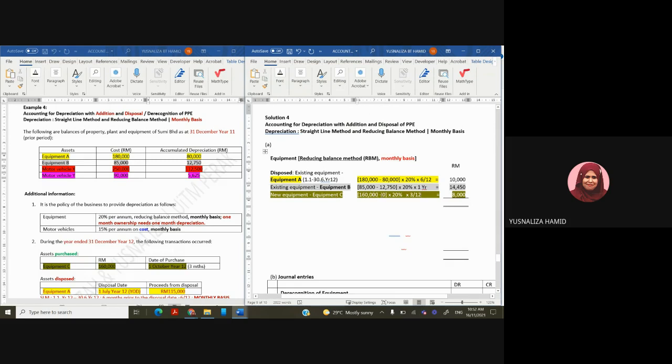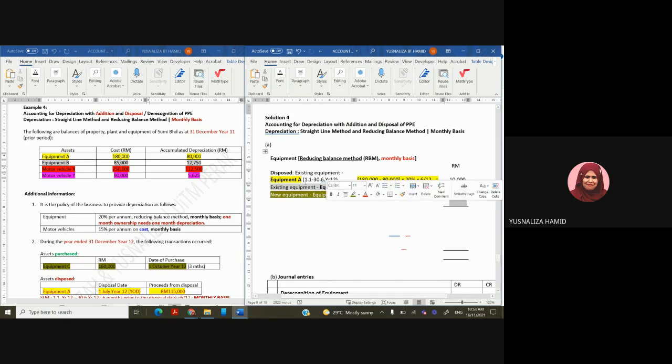And there is no such thing as accumulated depreciation that will be involved, because this is a newly purchased asset. So you have not yet provided depreciation, and only in the following year, year 13, will you be concerned about accumulated depreciation. So here 160,000 for that year is based on the cost, since this is the first year of acquisition, times 20% times 3 over 12, you have 8,000.